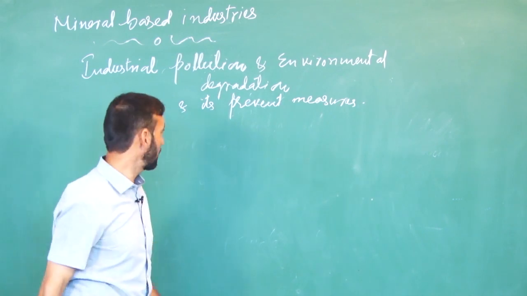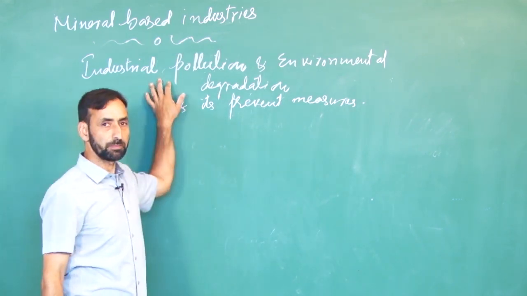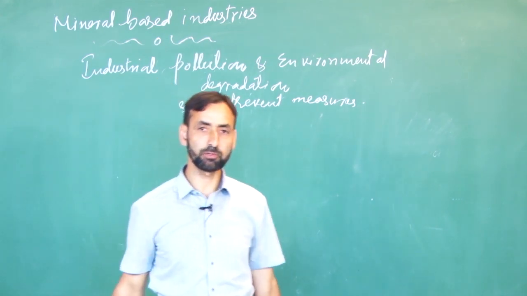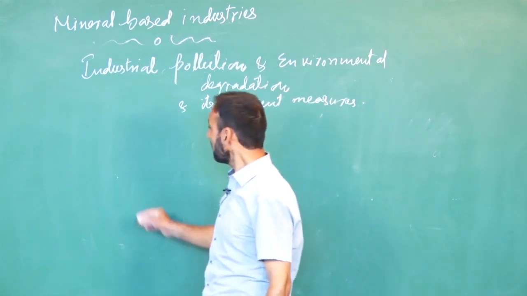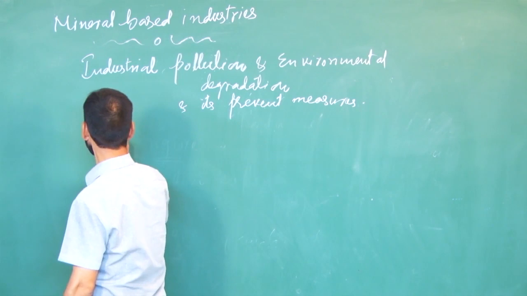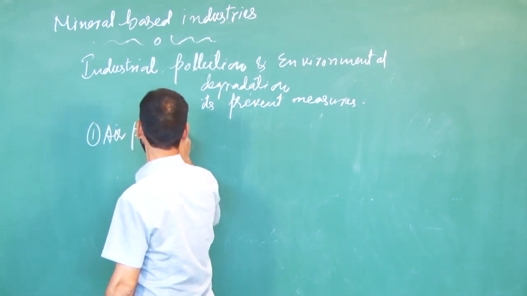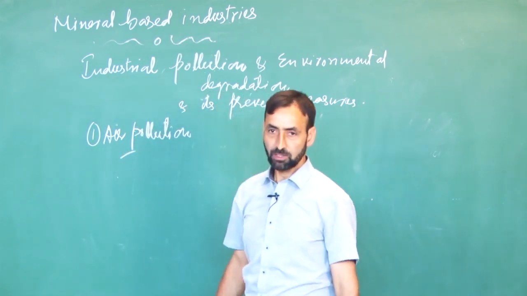You know, from the earlier classes, what are the different kinds of pollutions? There is air pollution, water pollution, soil pollution, land pollution, thermal pollution, and noise pollution. Now, first of all, that is air pollution. Particularly, we are discussing the industrial pollution.